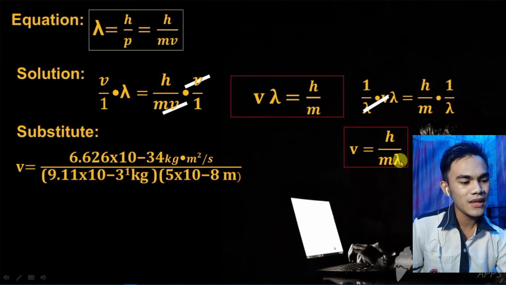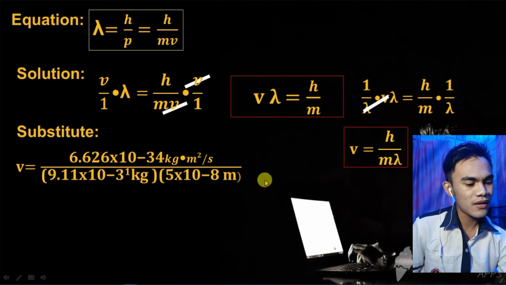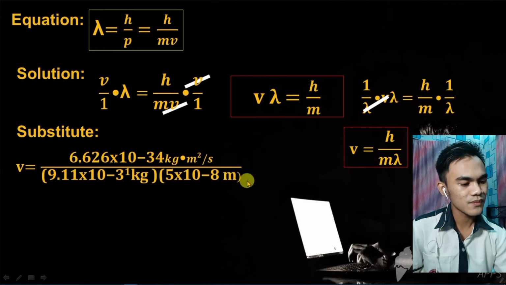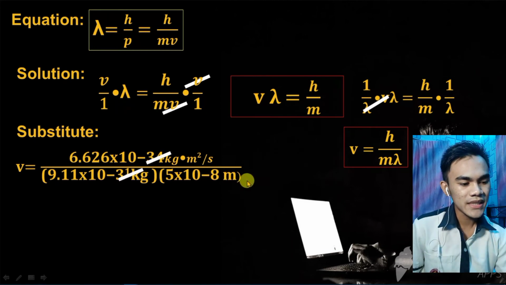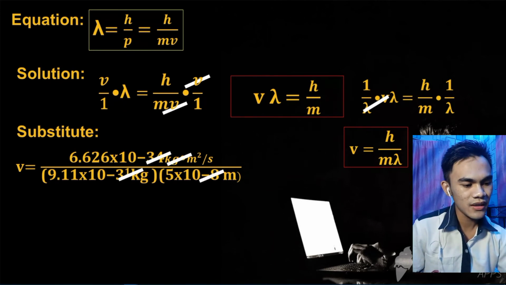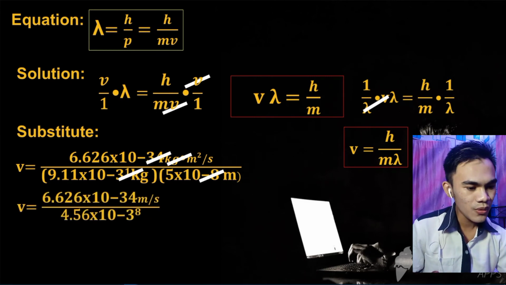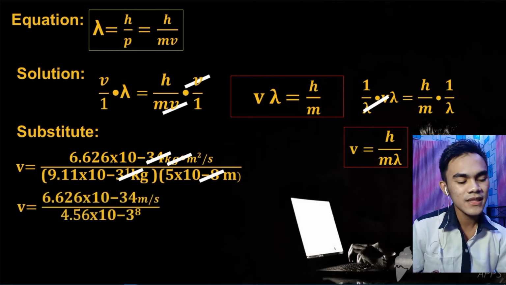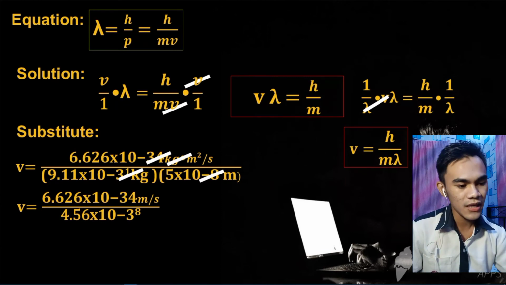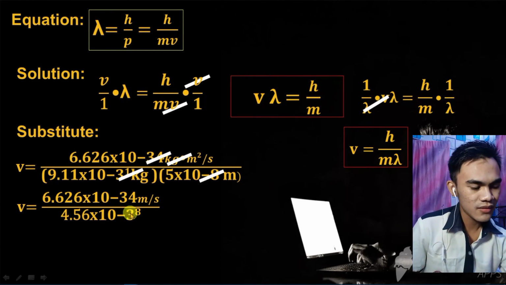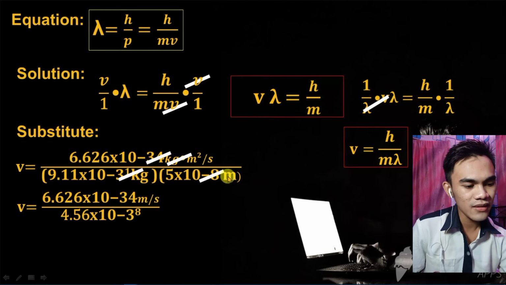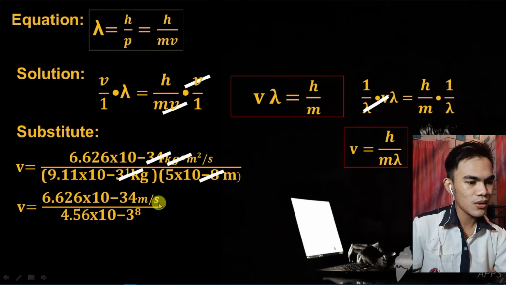And our wavelength is 5.5 times 10 raised to the power of negative 8 meters. Cancel out the same units, kilogram and kilogram, meters and meters. So we have the answer of 4.56 times 10 raised to the power of negative 38. Meter per second remains, that is the unit of our velocity.